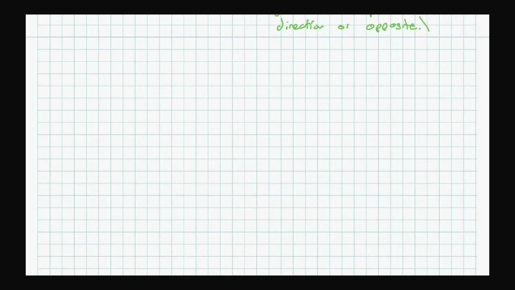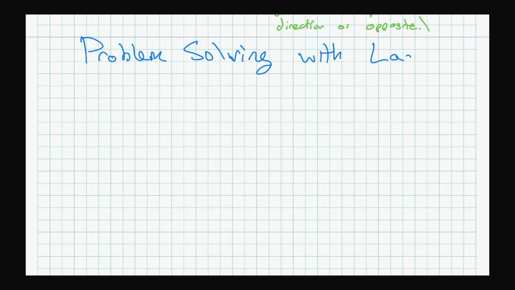What we want is how do you actually do this thing, right? So here's the actual method. Problem solving with Lagrange multipliers.